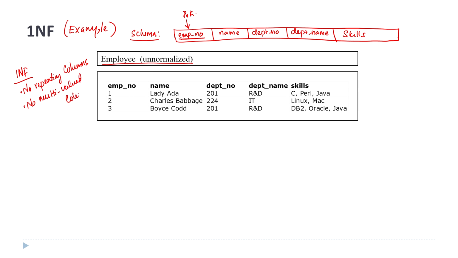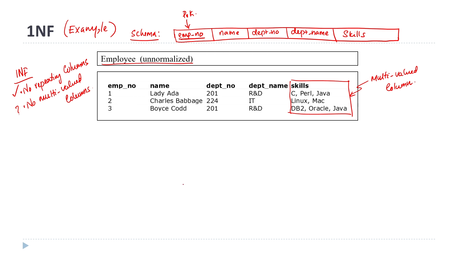When you look into this, the first part is fine, we do not have any repeating columns, but for the second part, we have a multi-valued column. So, this means this employee table is currently not in first normal form.